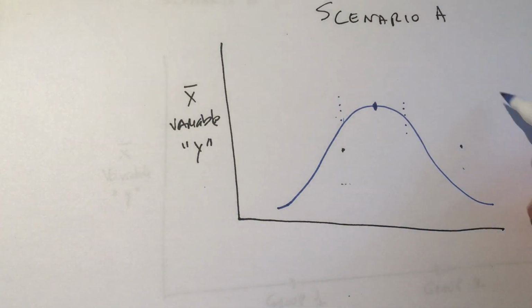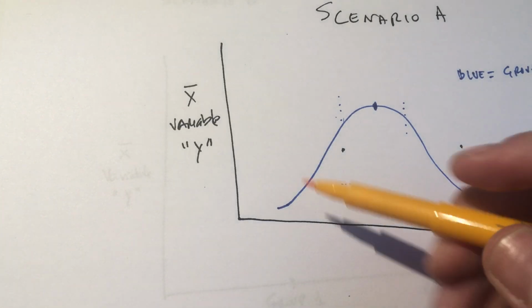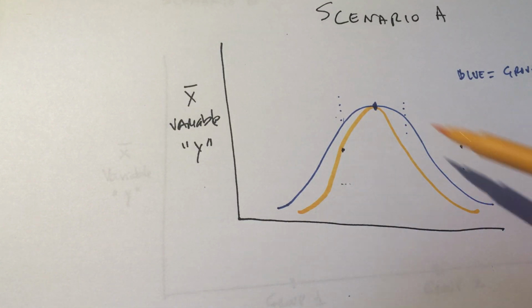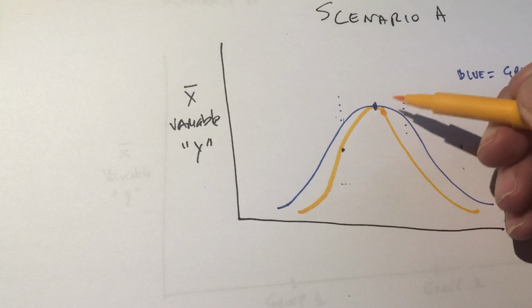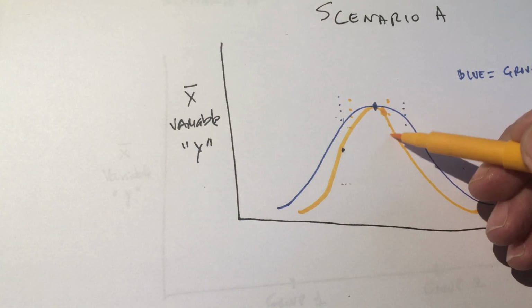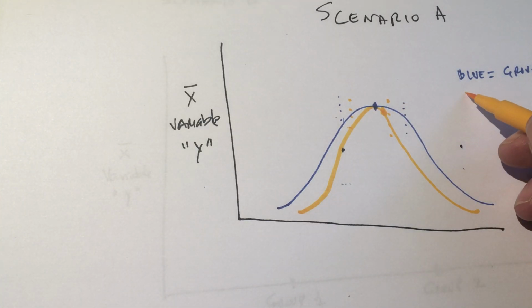Okay, so blue equals group 1. Then I'm going to illustrate group 2 using yellow. For group 2, it might be that the mean is actually quite close and the confidence interval is within this. So yellow equals group 2.